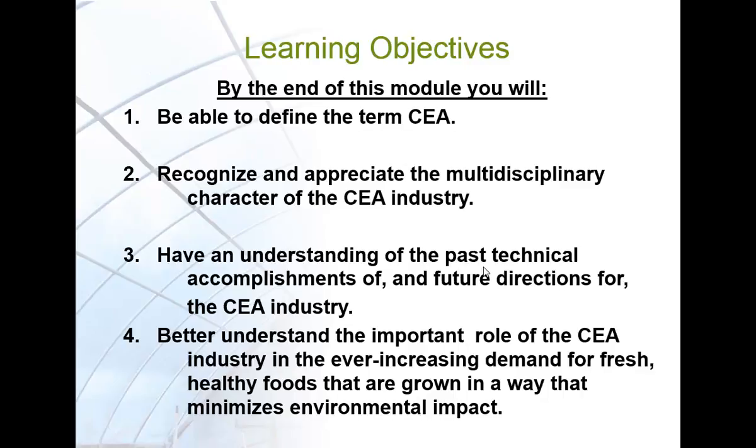Also to have an understanding about the past technical accomplishments and the future directions of the CEA industry. And finally, to understand the importance of the CEA industry in the increasing demand for fresh, healthy foods that are grown in a way that minimizes environmental impact.